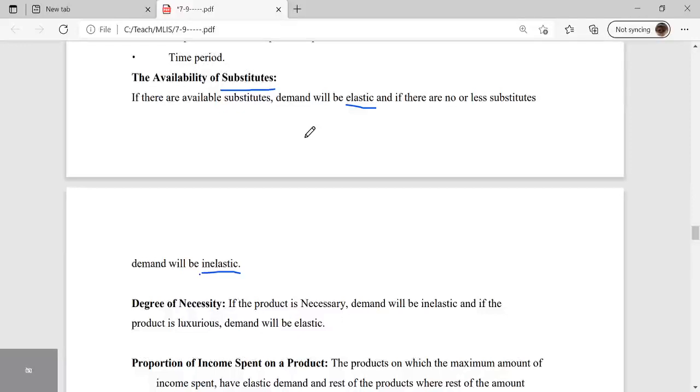For example, your favorite brand of pizza. Even if you're addicted to it, or habituated to it, or you're a great fan of it, you'll buy it even if the price rises. You won't switch to other brands.